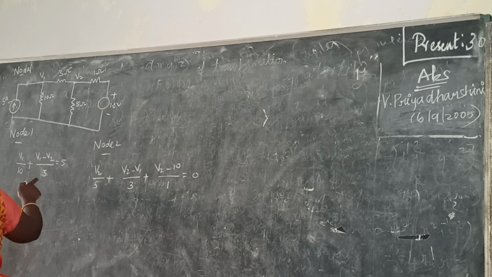Now simplify this one. 1 by 10 is 0.1. Plus 1 by 3 is, have you all brought your calculator?